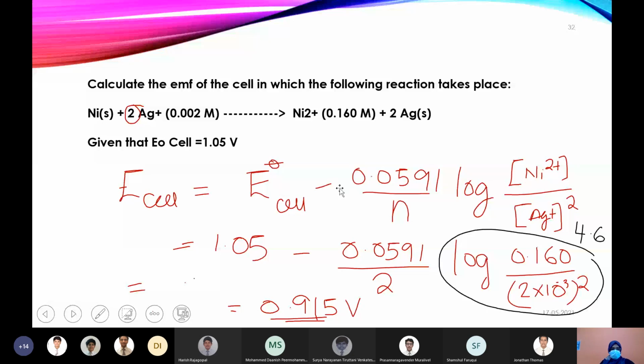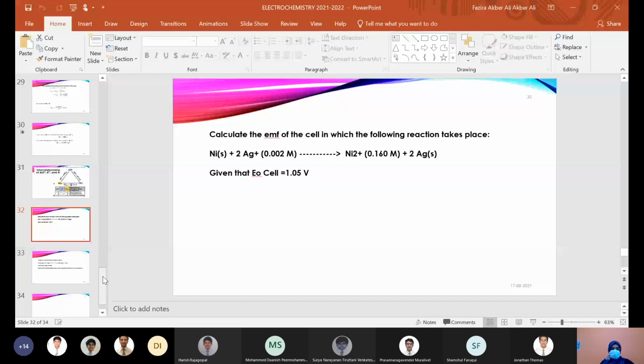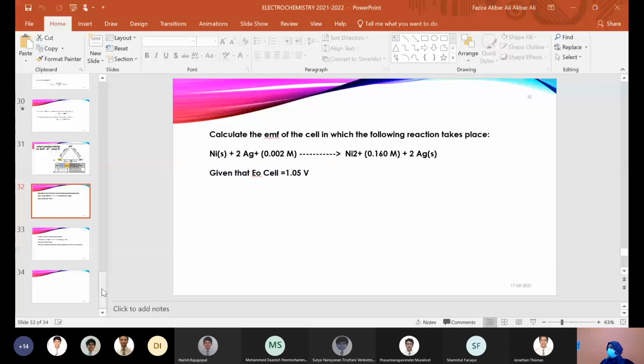That means we are finishing the first part of electrochemistry, that is related to the electrochemical cell. We discussed all aspects of the electrochemical cell: how you set up an electrochemical cell, the half cells, electrode potential, cell potential, standard and non-standard conditions.